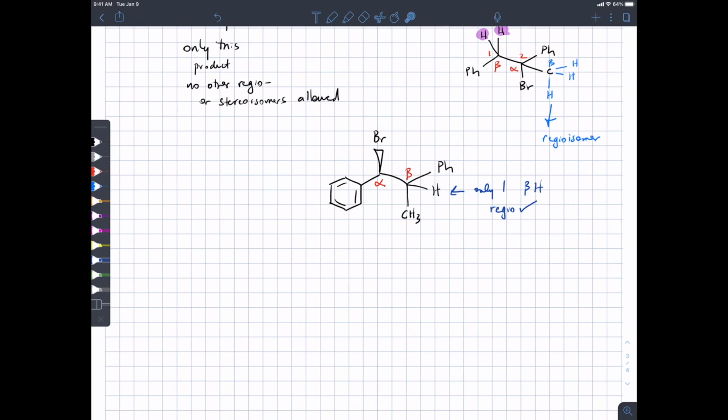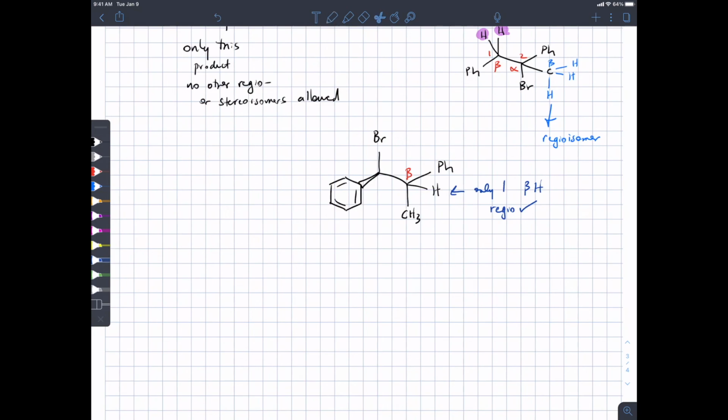Would it be a dash for that beta proton? Should it be a dash? Yeah, it's kind of hard to see actually here. One better way we could do this might be to put the bromine in the plane of the page, and then maybe put the phenyl group sticking out at us.